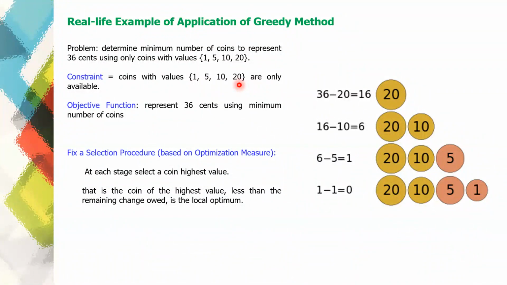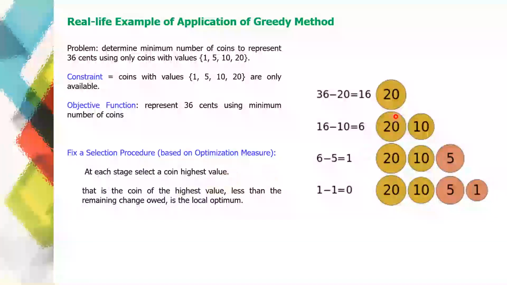So at least 2 types of greedy algorithms are possible for this problem: at each step, choose the coin with the maximum value, or at each step, choose the coin with the minimum value. Here I am showing the steps where at each stage I select the coin with the highest value.